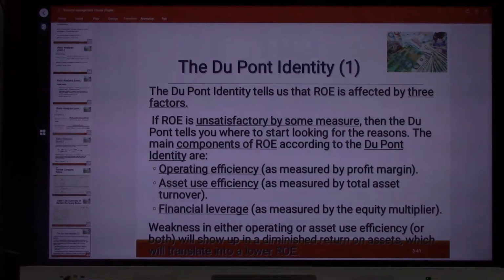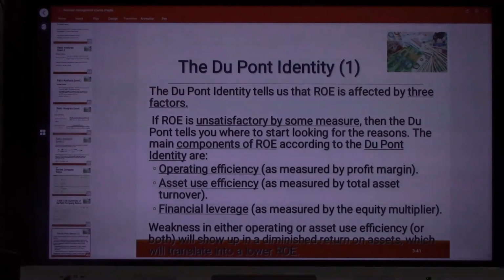However, this short form doesn't reflect the main components and why there is an increase or decrease in the return on equity. This is why the DuPont system provided an extension of how we calculate the return on equity.